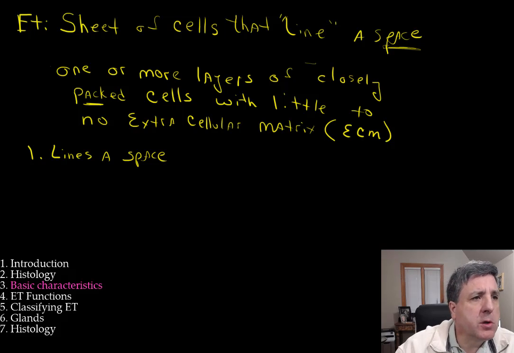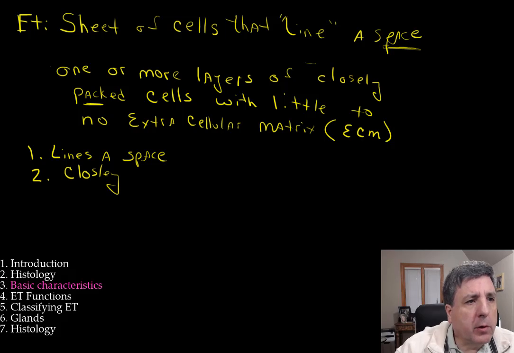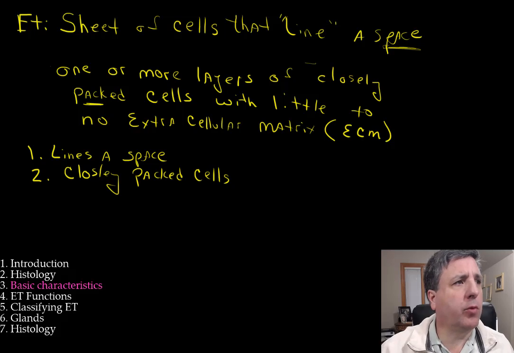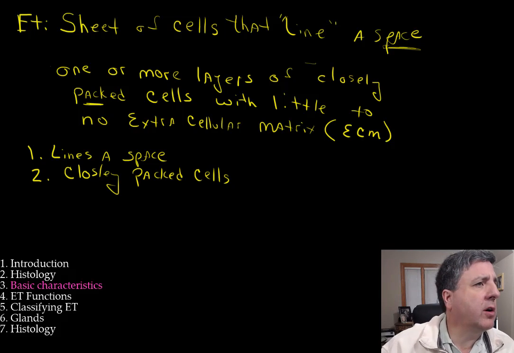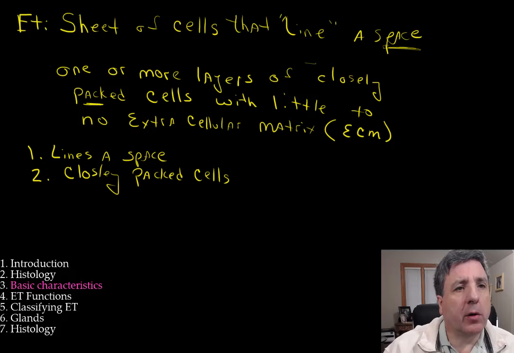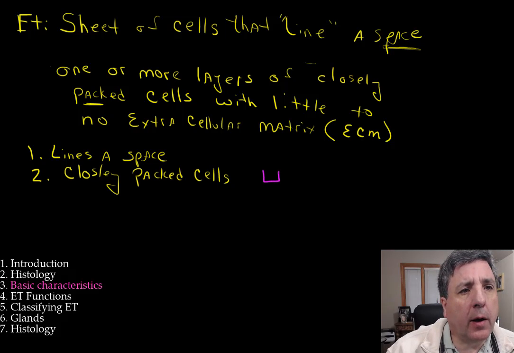The next thing we said is closely packed cells. So the second characteristic we'll talk about is closely packed cells. Let me change the color. What I mean by this, these are individual cells, let's just say.